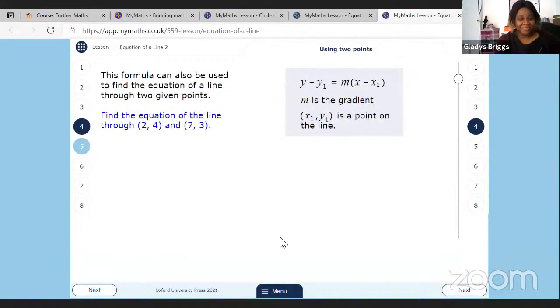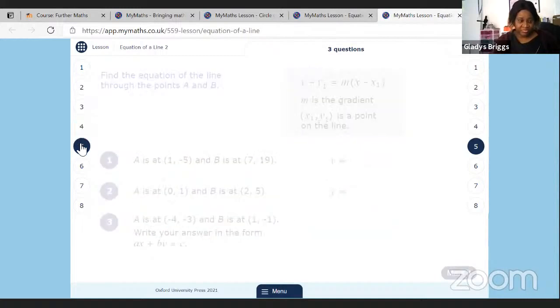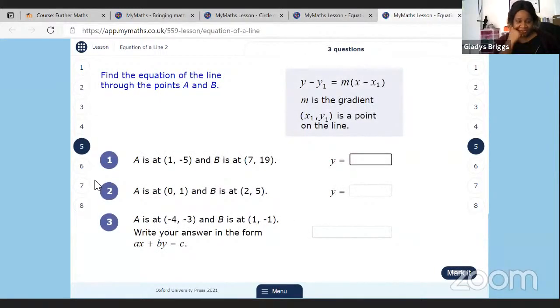Is it the same one? 4 and is it this, or did they change it? 2 and 3. No, I think they changed it. 4 and -3. 1 and -4. Oh my goodness. They changed it.